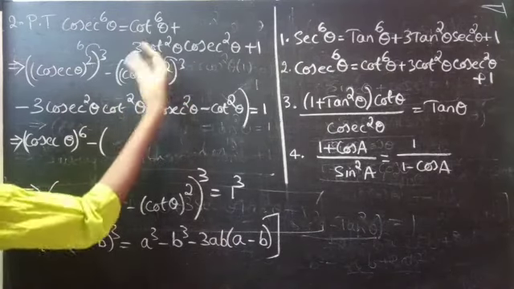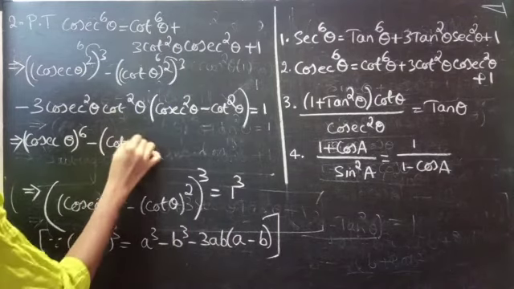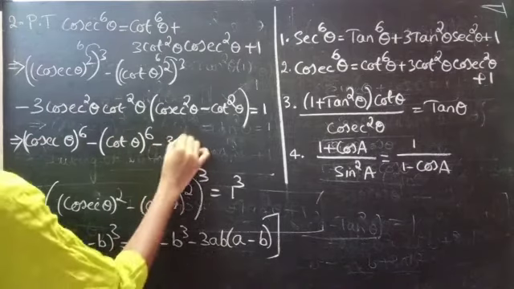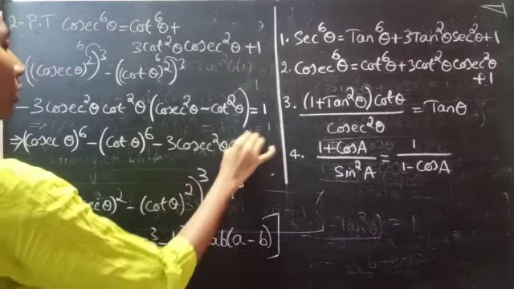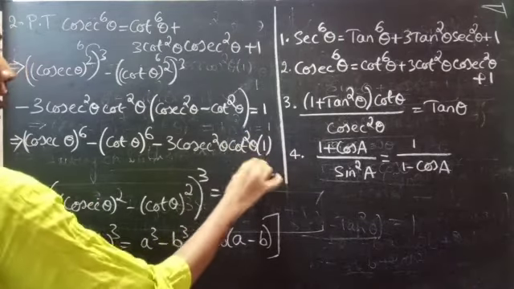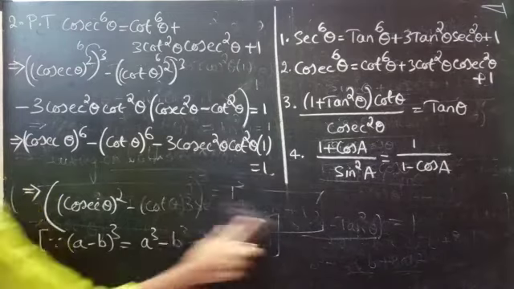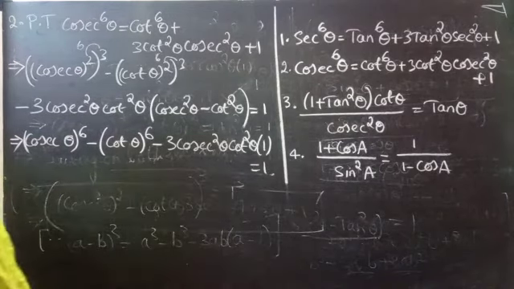So 2 3s are 6, so you will get cot power 6 theta minus 3 cosecant square theta into cot square theta into 1 equals to 1. So we have replaced cosecant square theta minus cot square theta with 1.